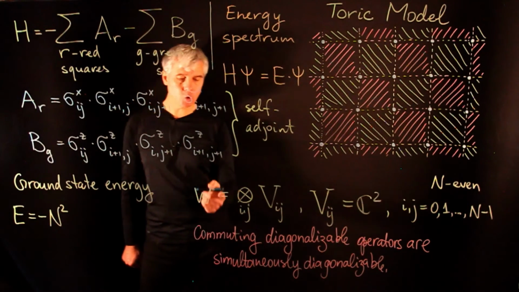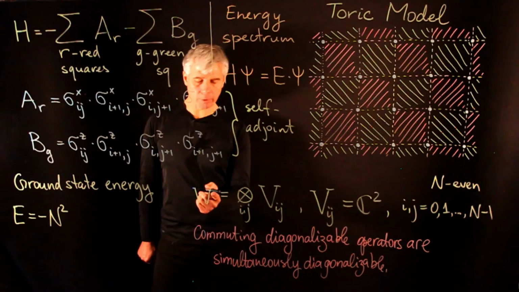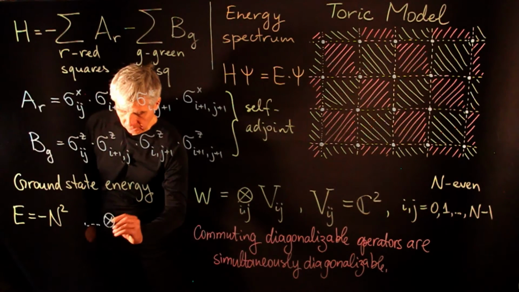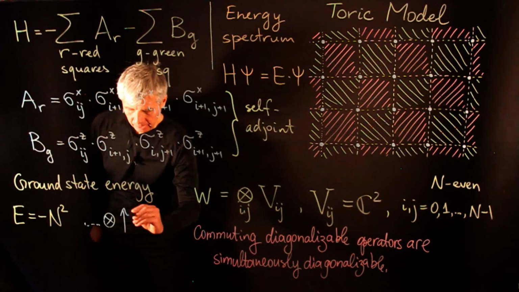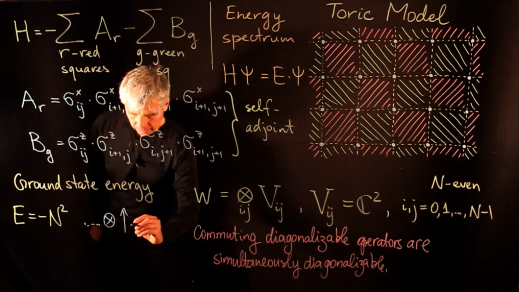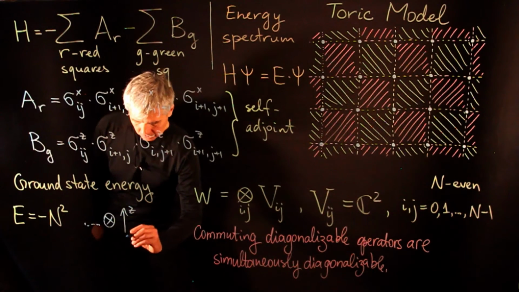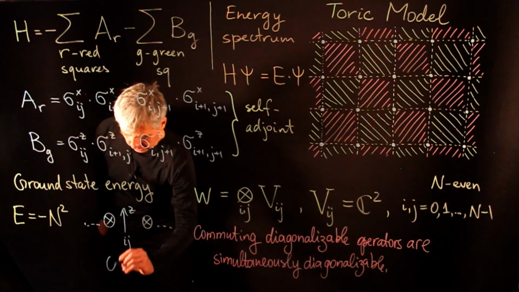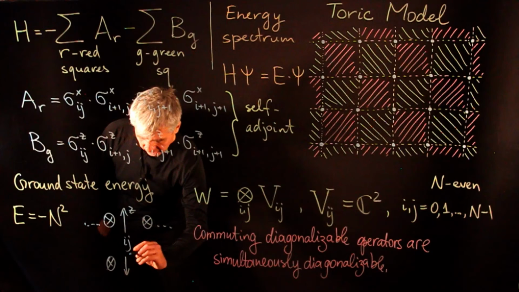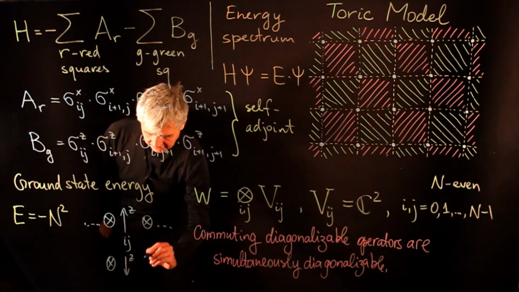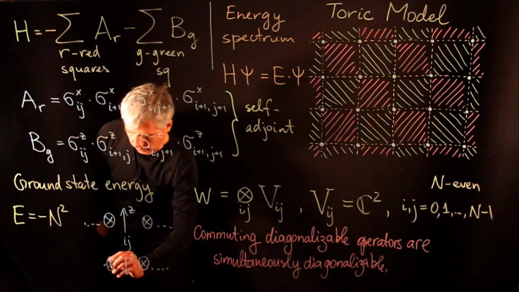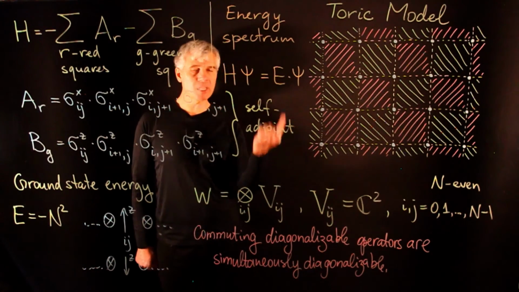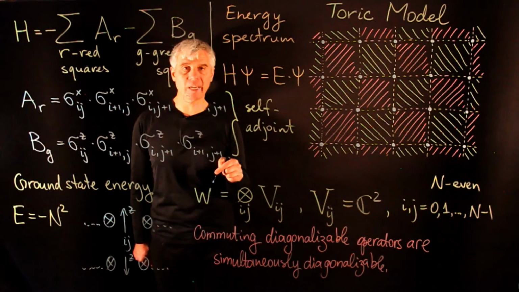So this means that we are choosing a basis of W that consists of tensor products, where each tensor factor is either spin up with respect to z, in this location ij, or spin down with respect to z-axis. And now in each lattice point, we choose either spin up vector or spin down vector.